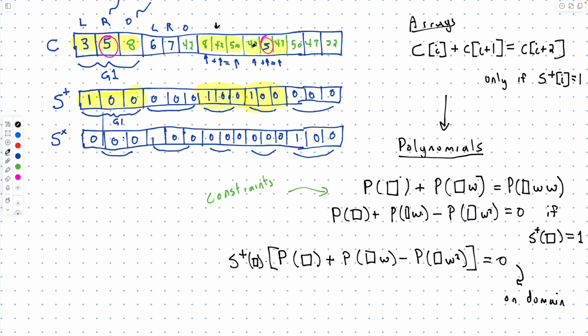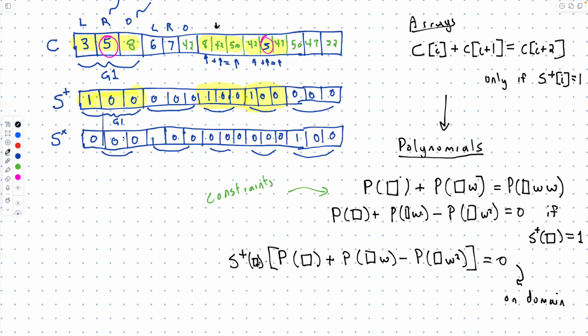It's not. We're in the middle, spanning two gates. But if I multiply it by S plus, which is 0, I multiply it by 0. Is the result 0? It will be, right? Because the S plus is 0. So basically, at every cell that I don't care about, S plus is going to be 0.